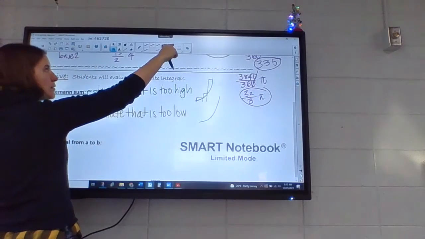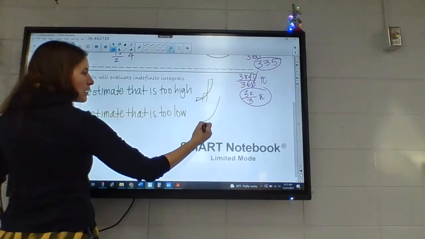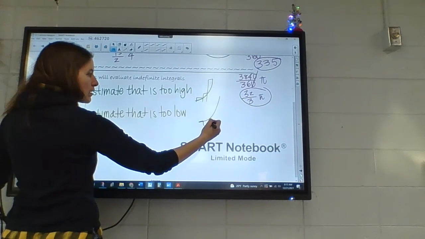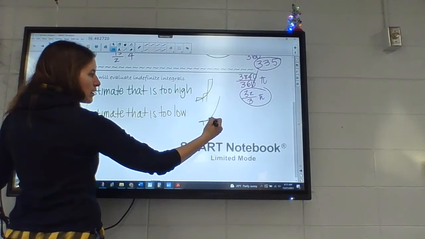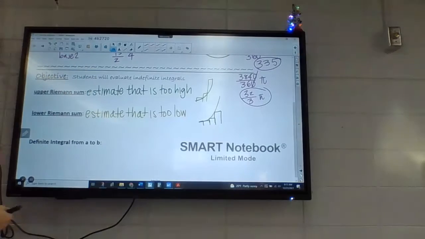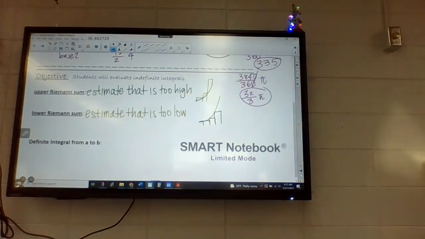So again, if we're talking about this same situation, what we're trying to find is like the average between these two, or the middle ground. We're trying to get them closer and closer. We talked about having more rectangles getting us closer and closer. So basically finding that middle ground is the actual answer.